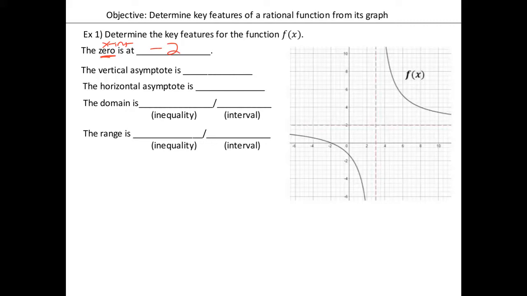And then for the vertical asymptote, that's going up and down. I can start from the top, and I'm going to highlight it in pink so it's emphasized that that is the vertical asymptote. The vertical asymptote is the one that goes top to bottom, and I need to find the equation of that line. I'm looking for which value it hits on the axis.